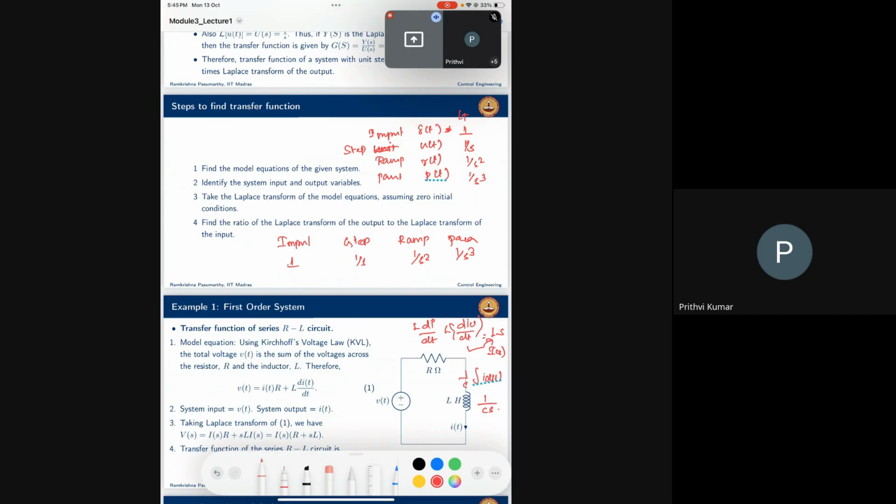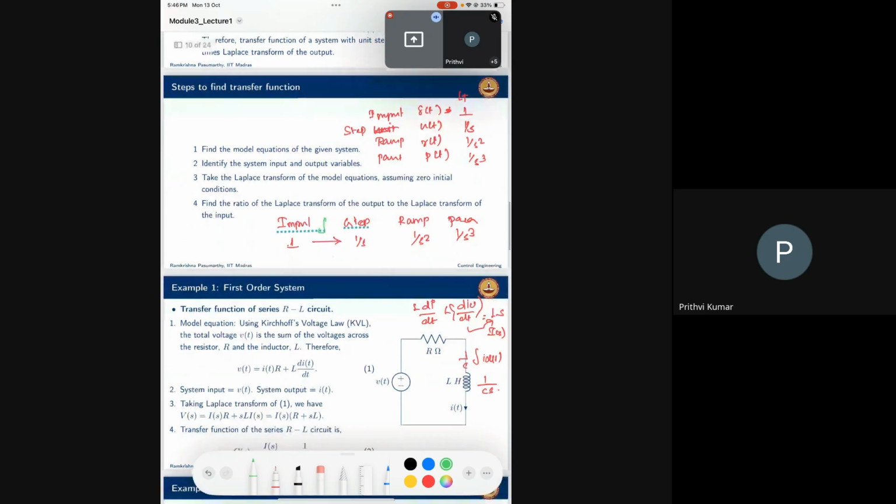So here 1 becomes 1 by s. So what would have happened here? There happened an integration. When we integrate an impulse signal, you get a step signal. So mathematically or logically, how can we tell this?